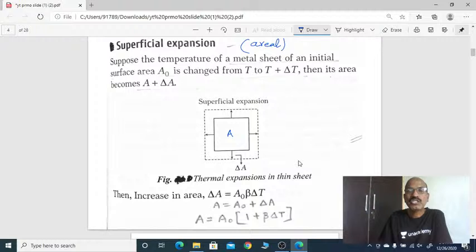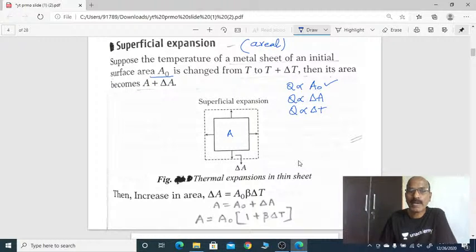Suppose the initial surface area is A0, and after heat supply, the increase in area is delta A. Similarly, the quantity of heat supplied is directly proportional to initial surface area, and directly proportional to rise in temperature.